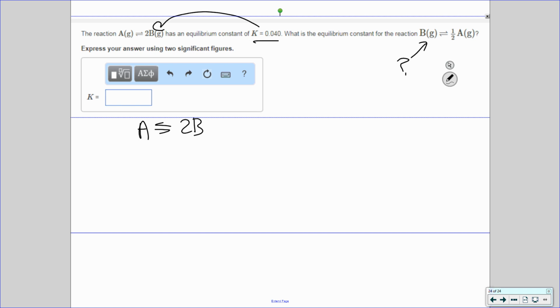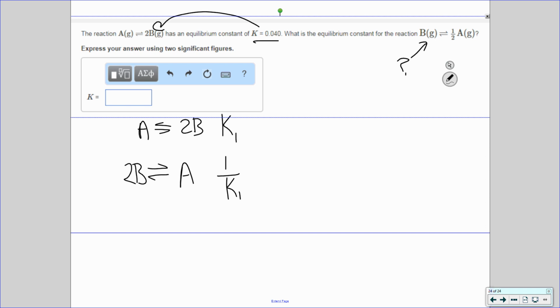So what's the relationship between those two things? If I invert it, I'm going to call this K1, that's our original one. So if I invert it, it's 2B yields A, and now I have to invert the value of K.